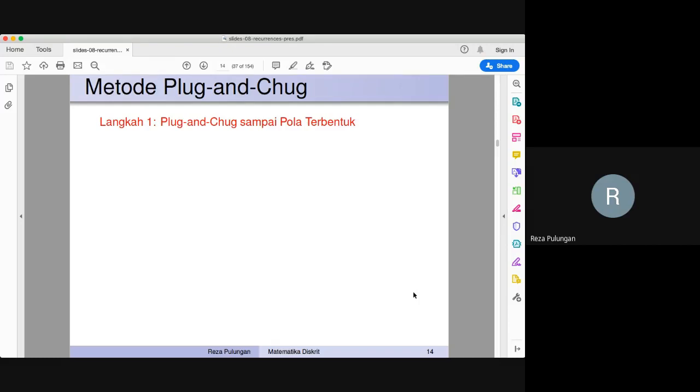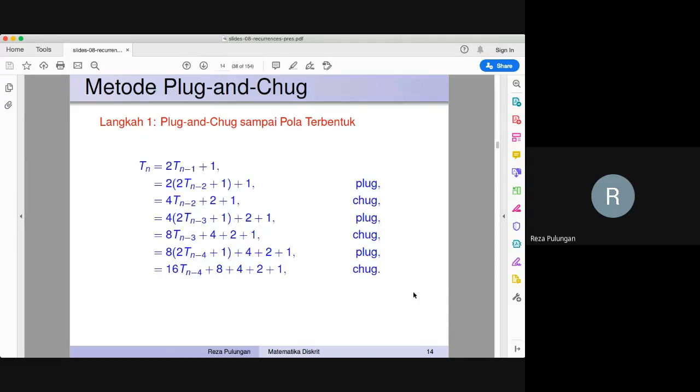In plug and chug, take the main recurrence and perform plug and chug again and again and again. It may take a couple of iterations until you are able to see a pattern, until a pattern arises. What does it mean? Well, let me show you right away. Look at this one by one.